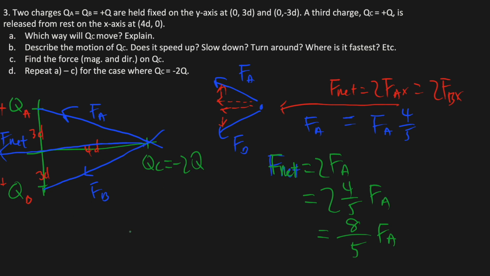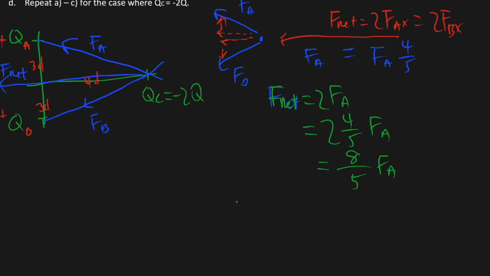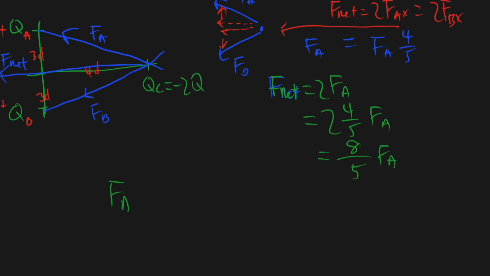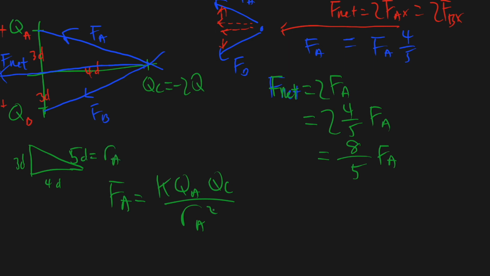Then how do we calculate FA? So FA is equal to K QA QC over RA square. So you know here is 3D, here is 4D, so here must be 5D, and this is equal to RA.